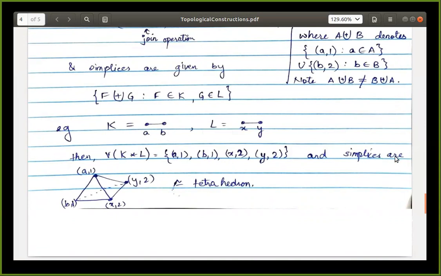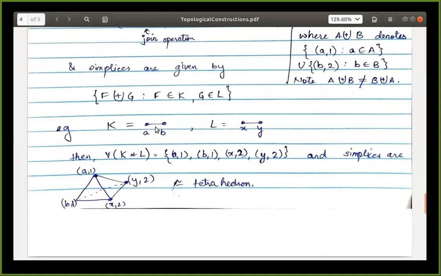And simplices are obtained by taking one simplex of K and one simplex of L, and so on. If you want to see the maximal simplices of a join, they are these sets with F and G maximal.